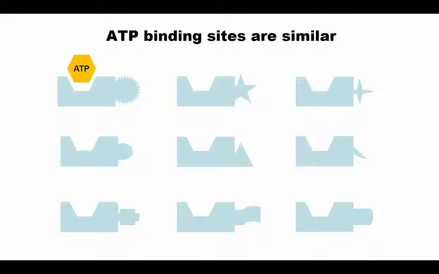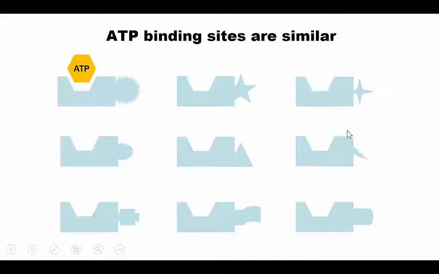Now, we have 500 different kinases, but one common factor is that most of those kinases use ATP as a cofactor. That means all the kinases may have one ATP binding site and maybe another substrate binding site, or there is another partner coming and binding here. So one common factor is the ATP binding site.